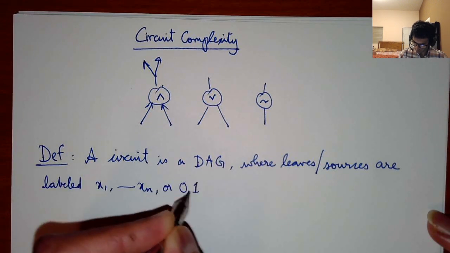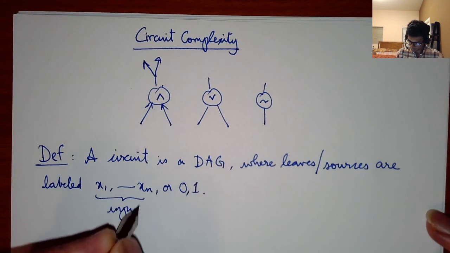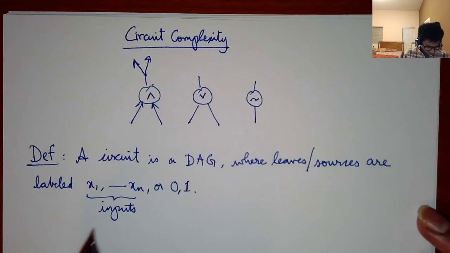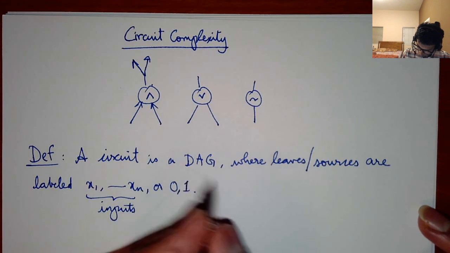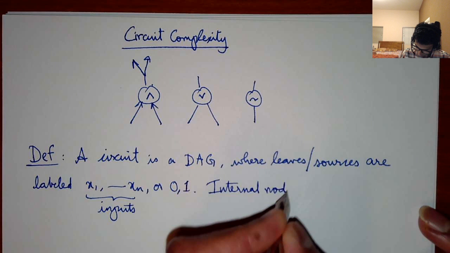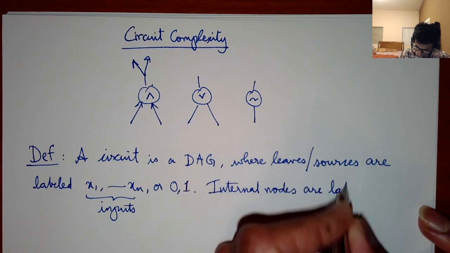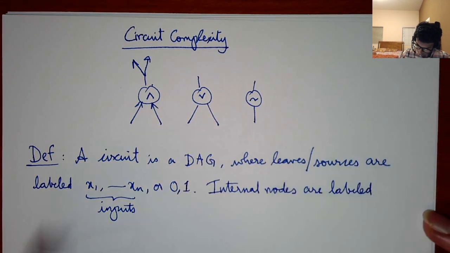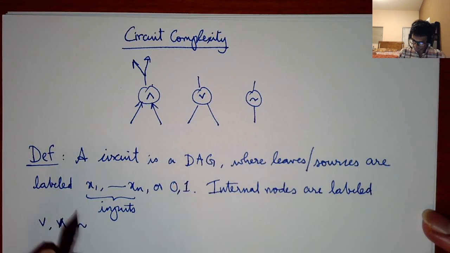So these are the inputs. Internal nodes are labeled OR, AND, or NOT.